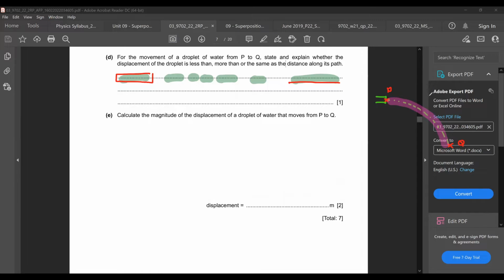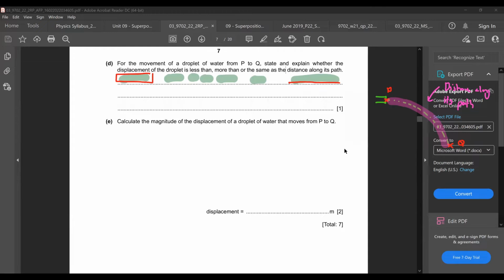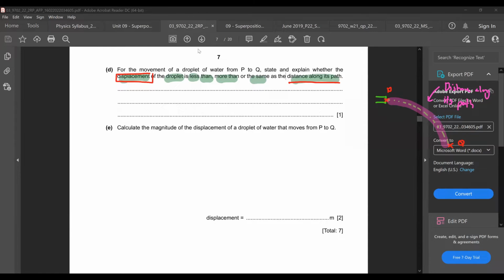This one is the distance along its path. So what is the difference between this distance along its path and displacement? Displacement is actually this one here. We all know displacement is this one, right? So this one here is displacement.